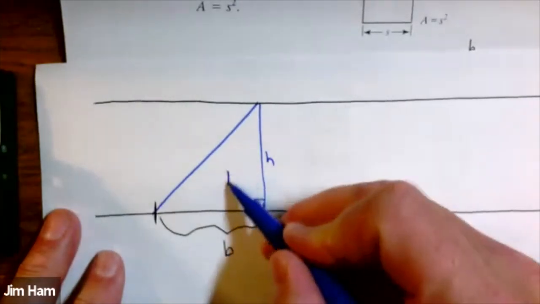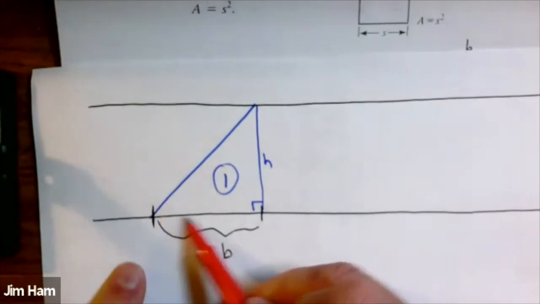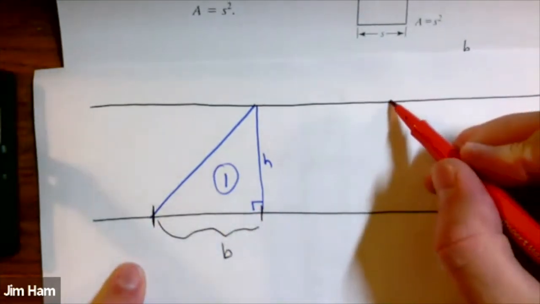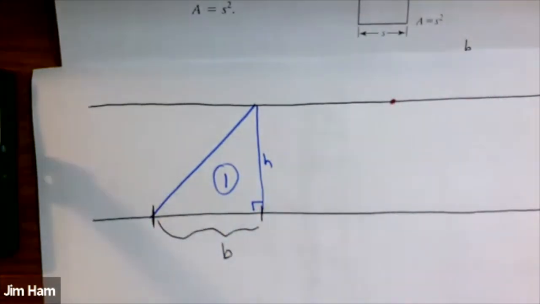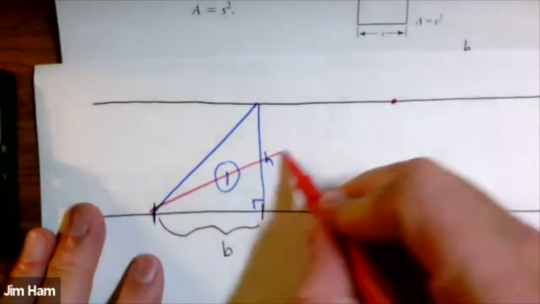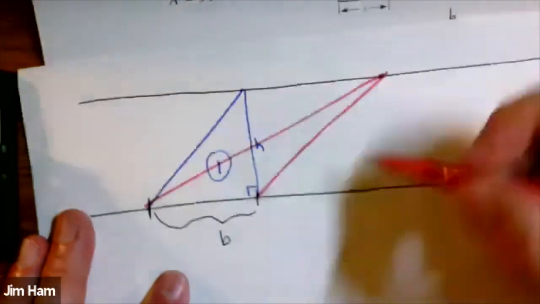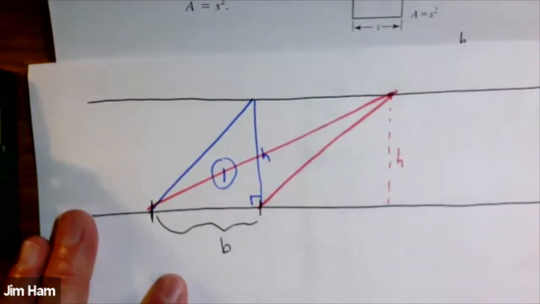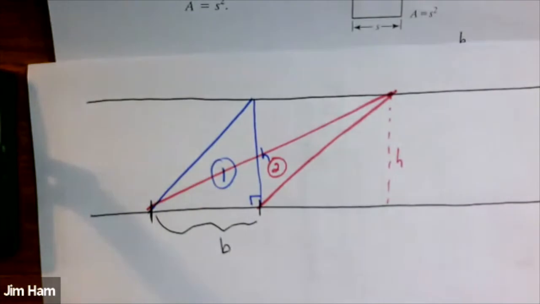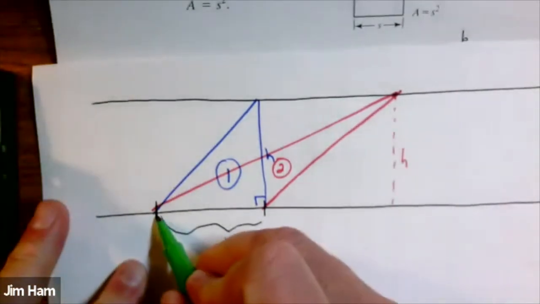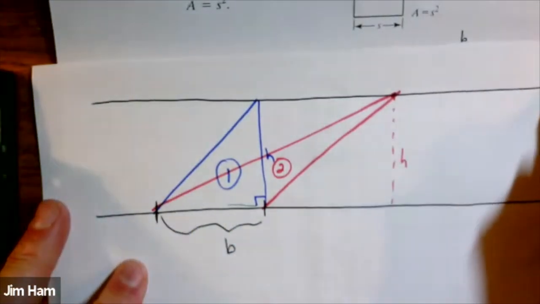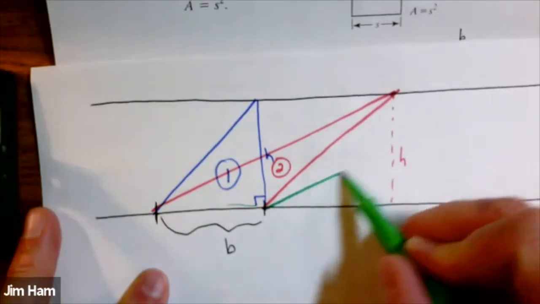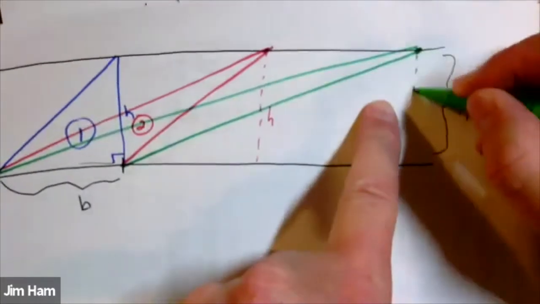If I use the same base and say over here is my next point, and here is my triangle, same base, but now the height is on the outside of the triangle. This is triangle number 2. If I draw a third triangle, same base, but I put it way over here and connect like this, and here's the height.